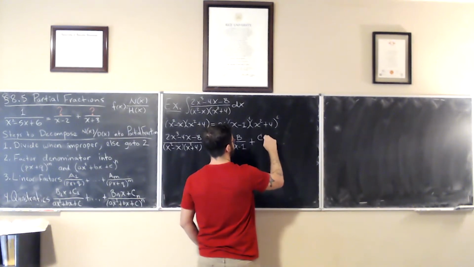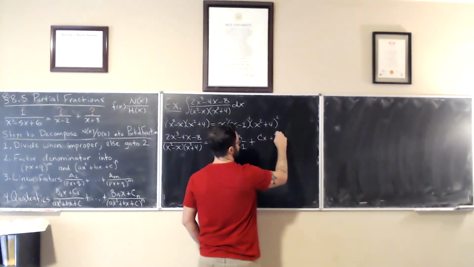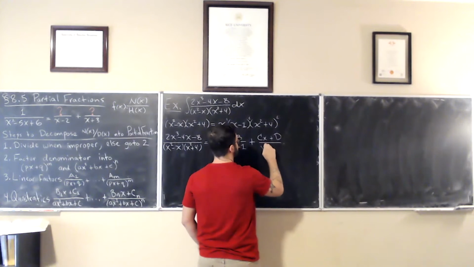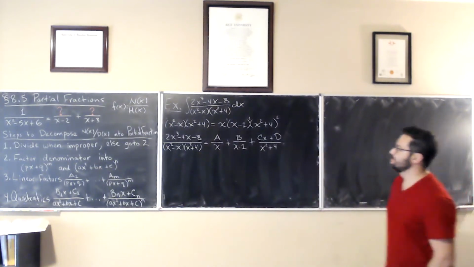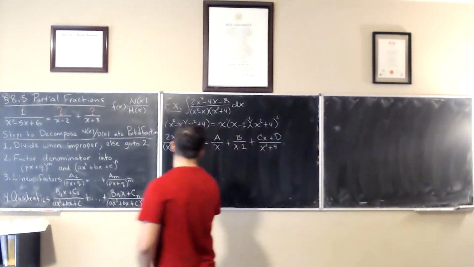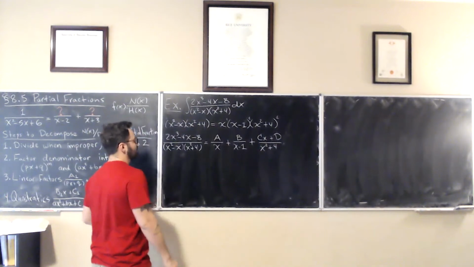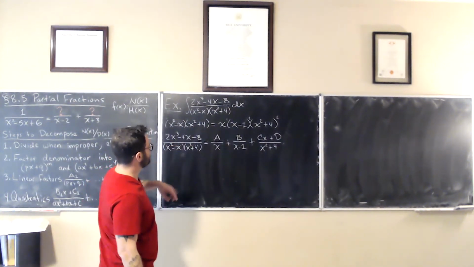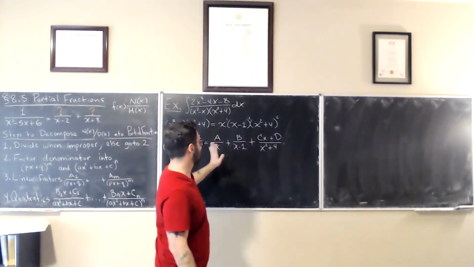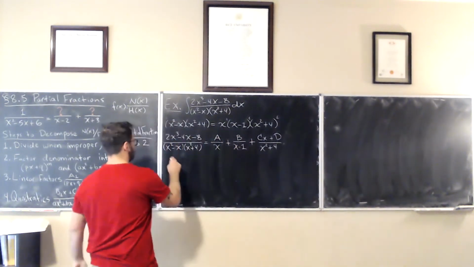So this would be c times x plus d. And we got to now figure out a, b, c, and d. Okay, so to do that, I'm going to multiply both sides by the denominator here. We know that denominator looks like that, so all the ratios are going to disappear.